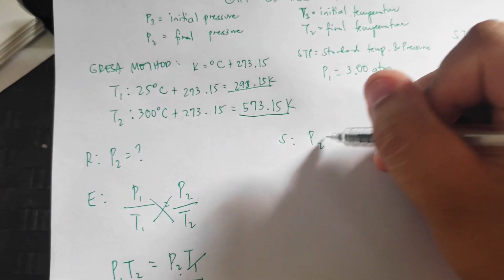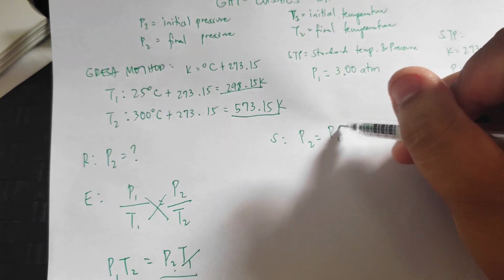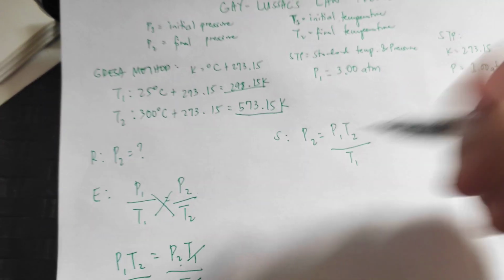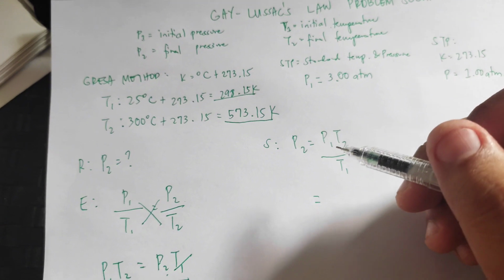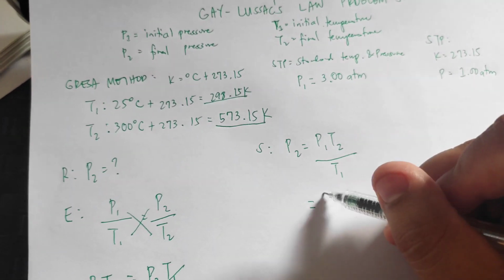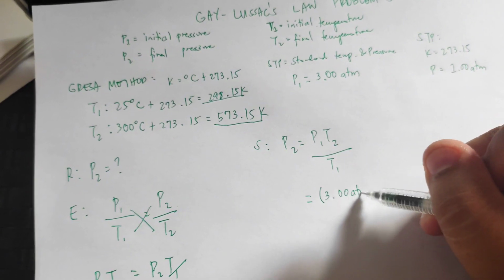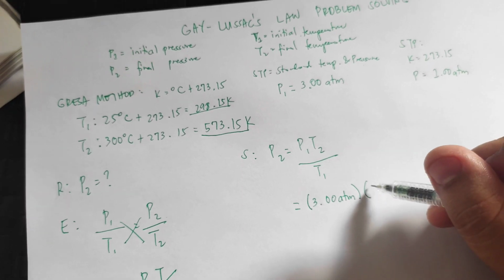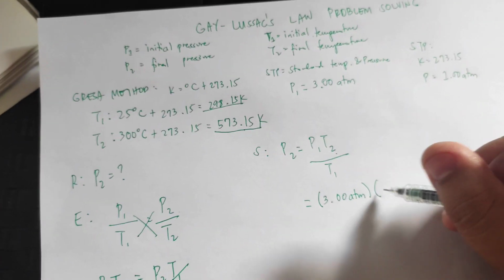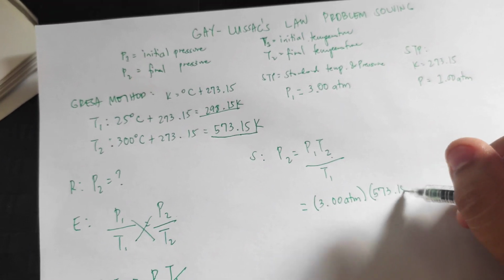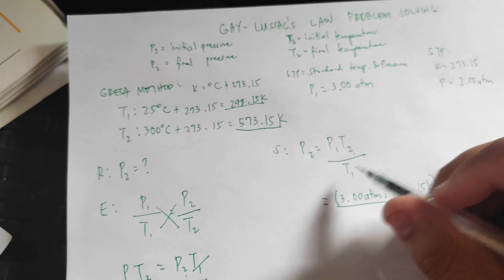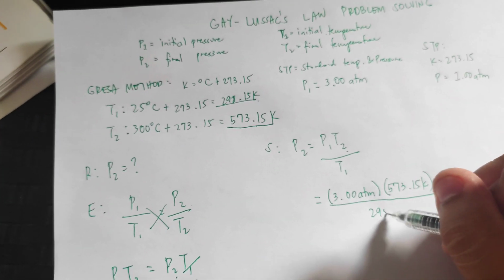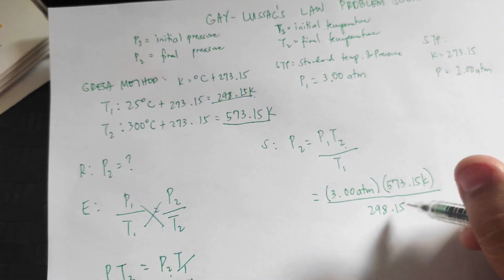P2 is equal to P1 times T2 divided by T1. Now let us substitute. Our P1, or initial pressure, is 3.00 atmospheres, times our final temperature of 573.15 Kelvin, divided by our T1, which is 298.15 Kelvin.